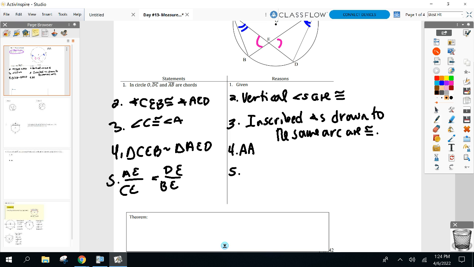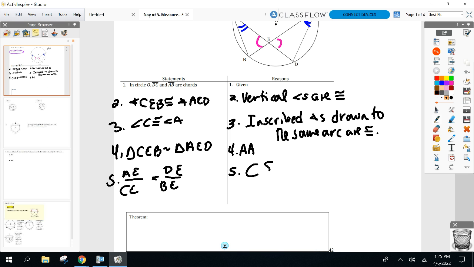Triangles are similar, so why did I put those sides in a proportion? Anybody remember the reason here? The triangles were similar, so I just put the sides in proportion. Corresponding sides in proportion. CSST.